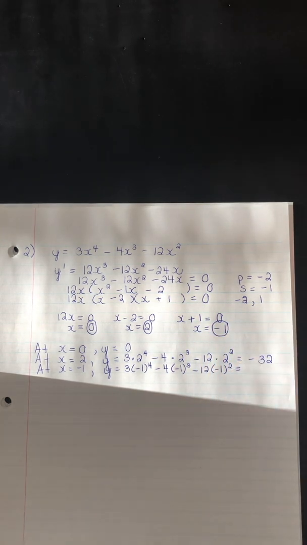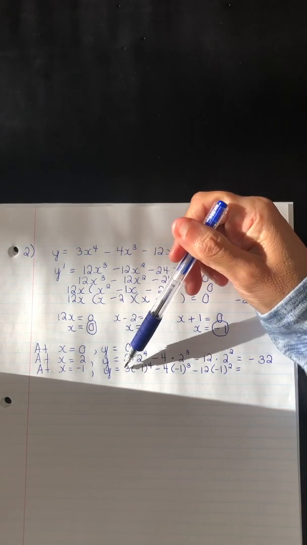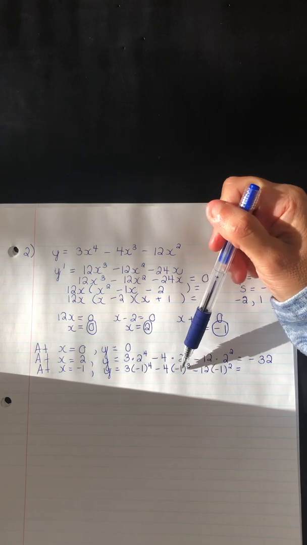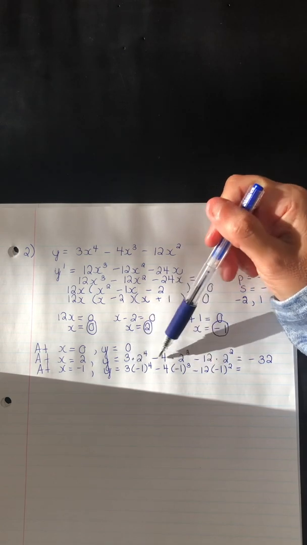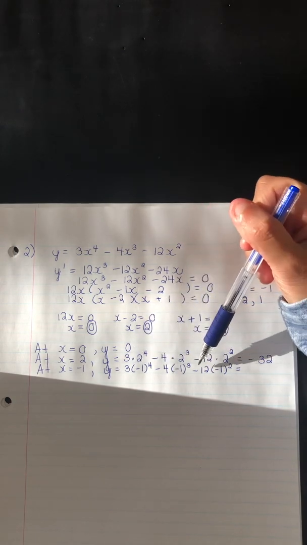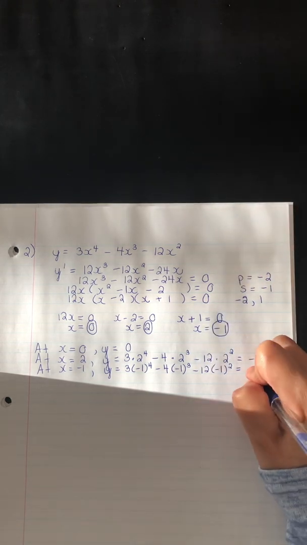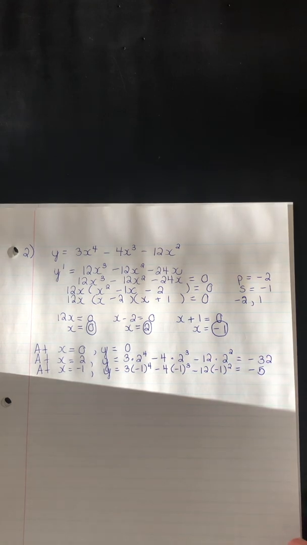This will be 3, and since this is -1, it'll be 3 plus 4 minus 12. And so you will get -5. Okay, I'm going to grab the calculator for one moment here because I want to make sure you realize how to evaluate that.